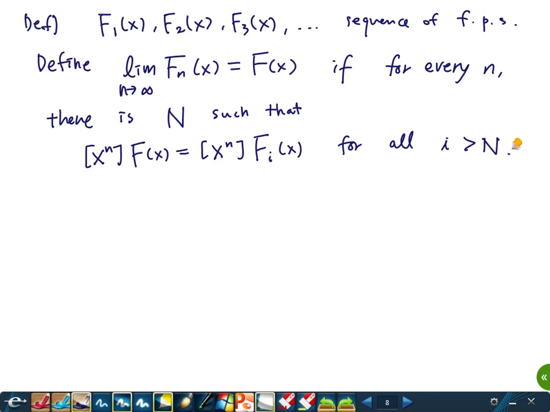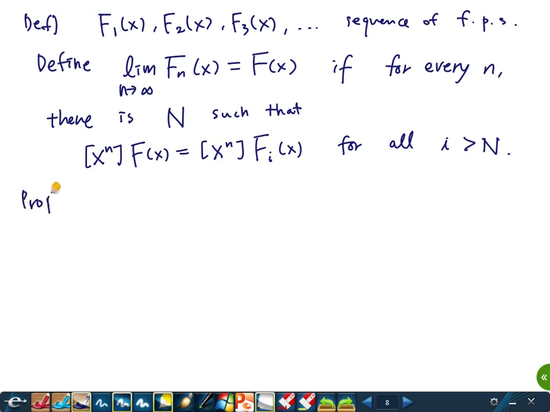It can be different in the first few terms, but eventually it will become the same at some point. It must be the same at some point for every integer n. This may not exist. If it exists, we say that this sequence has the limit, and the limit is f of x.